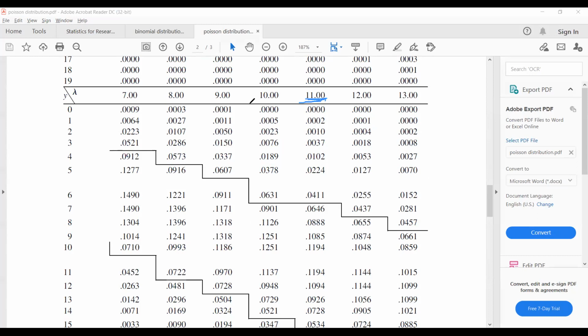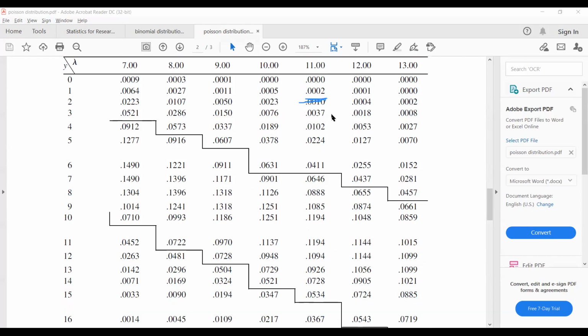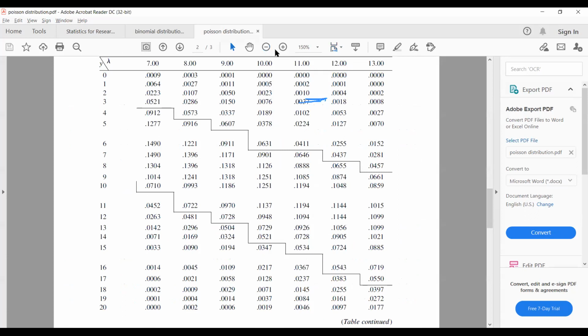Since the expected value is 11, then ang ating sample is ilan? Since ang ating lambda, or yung expected value natin is equal to 11 and up to 20 samples. Now, dito tayo titingin ngayon sa table na ito.